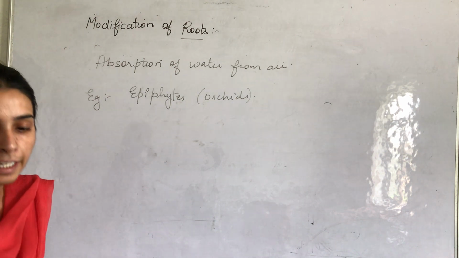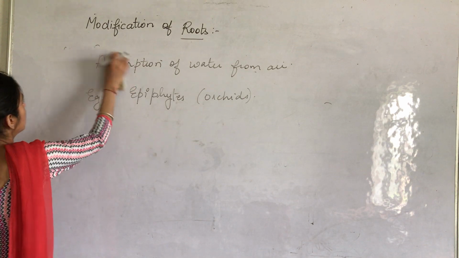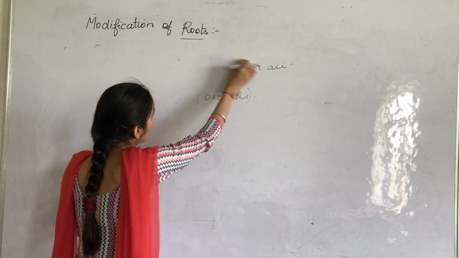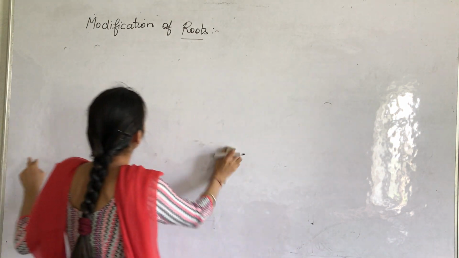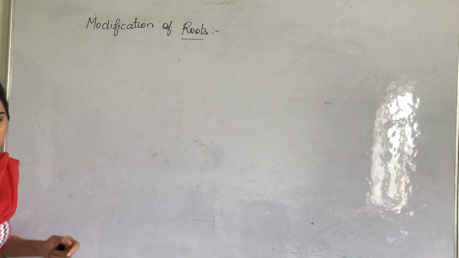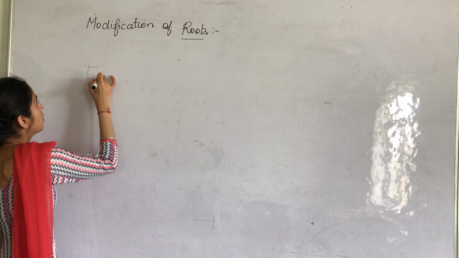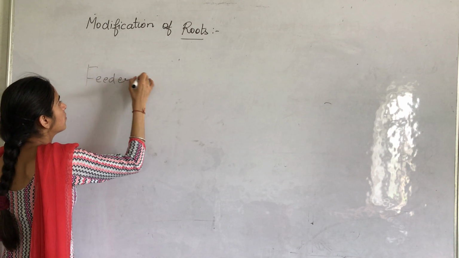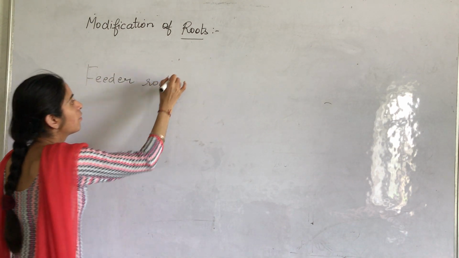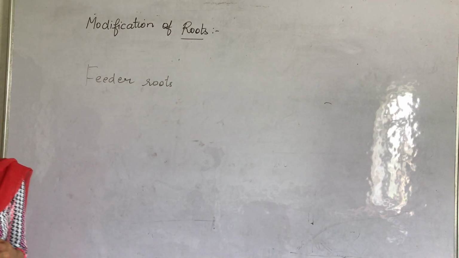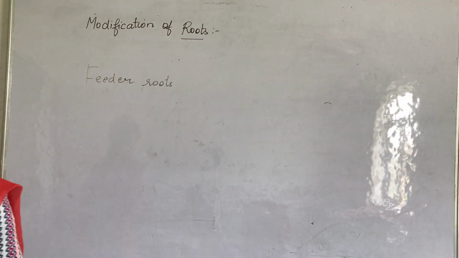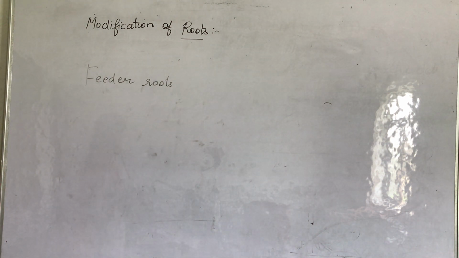After this, the next roots are feeder roots. Feeder roots are generally found in the money plant. What happens in this? In certain plants like the money plant, long aerial roots develop.